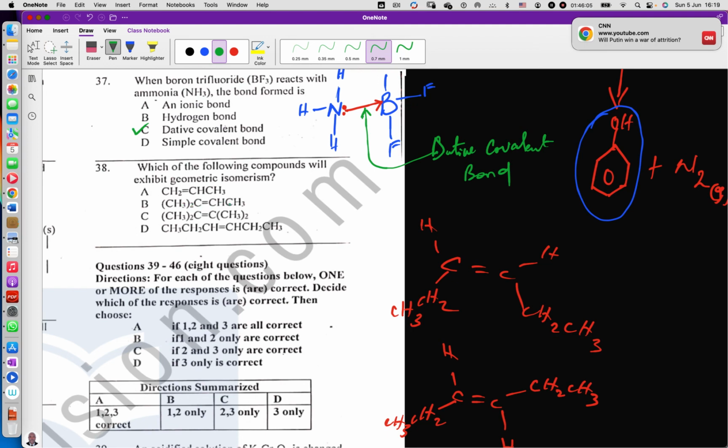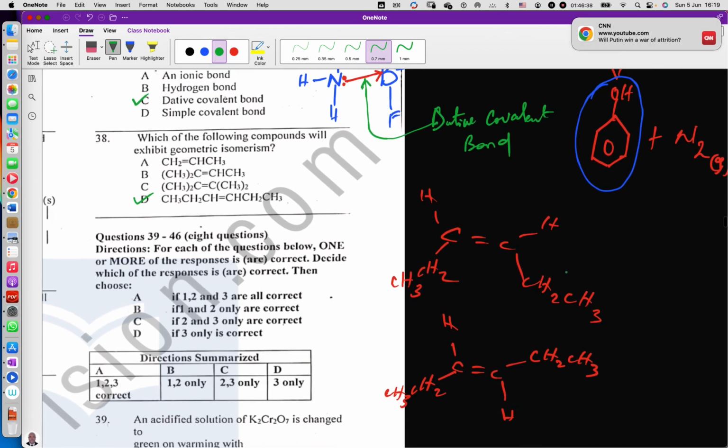This one will not exhibit geometric isomerism either. These, two of these and two of these, cannot exhibit geometric isomerism. There is hydrogen here and hydrogen here, and there is the same group here and the same group here. So D will exhibit geometric isomerism, cis and trans isomerism.